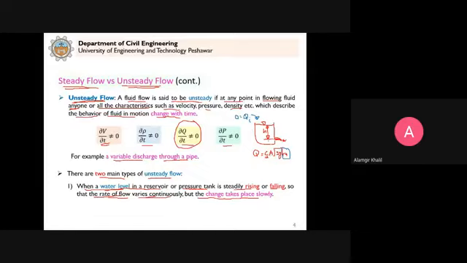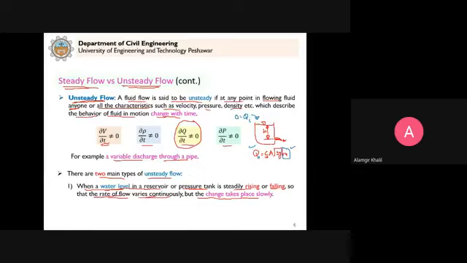When there is no inflow and there is outflow, then what is happening? Let's say this is Q naught, the outflow discharge. So this is outflow, and the water level will fall. When the water level falls, H is changing. When H is changing, then the discharge will change.